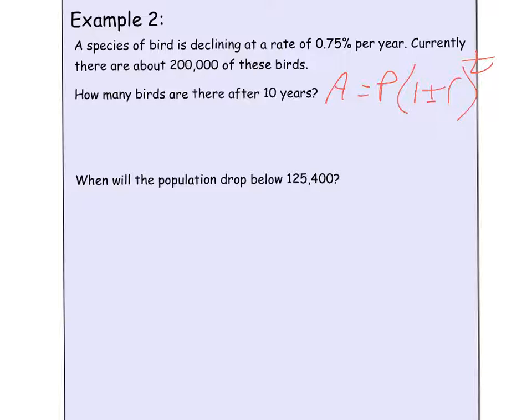So they're giving us the time. They want us to find out how much they have after 10 years. So we don't have to use logs to solve for time here. We just plug everything in. So A is going to equal 200,000. It'd be 1 minus, okay, 1 minus what? What would the decimal point be?